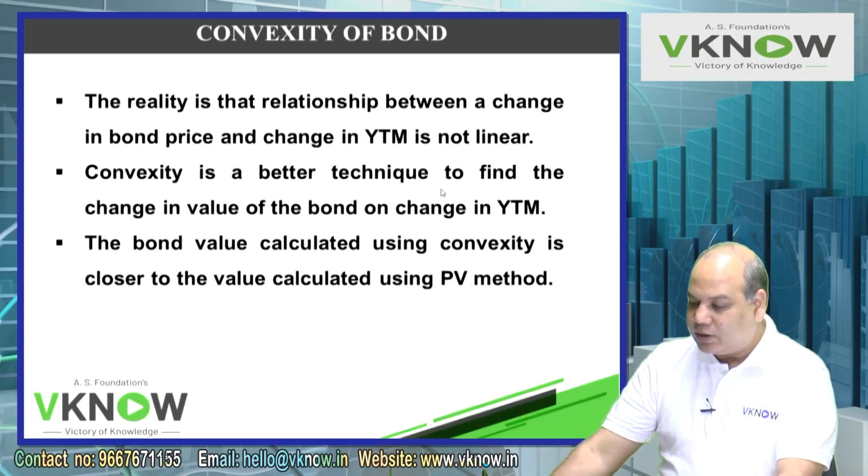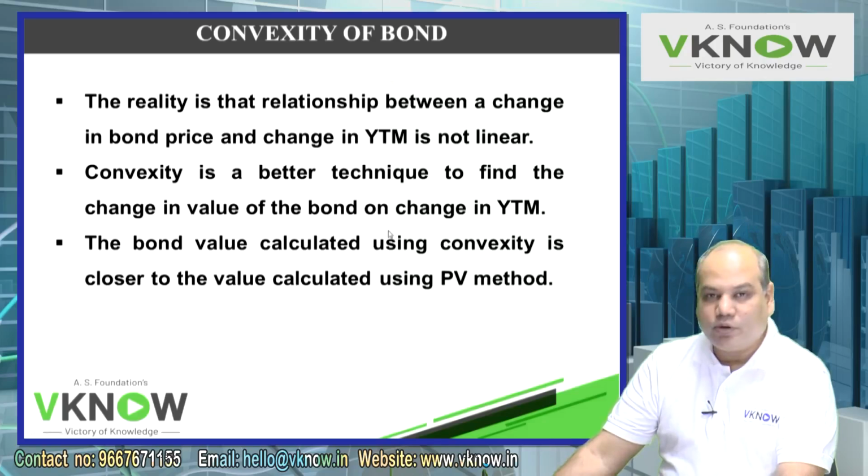Convexity is a better technique to find the change in the value of the bond due to change in YTM. The bond value calculated using convexity is closer to the value calculated using the present value method.